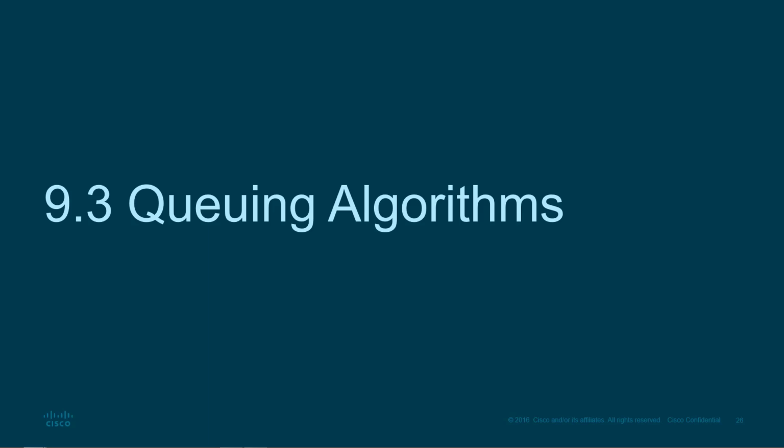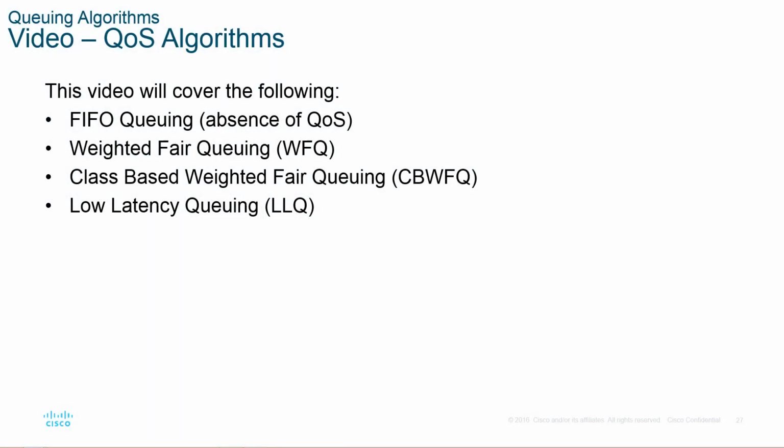So the way we deal with this is through queuing algorithms, and there's a bunch of different methods. There's a video on QoS algorithms that explains FIFO and WFQ and class-based weighted fair queuing and low latency queuing.